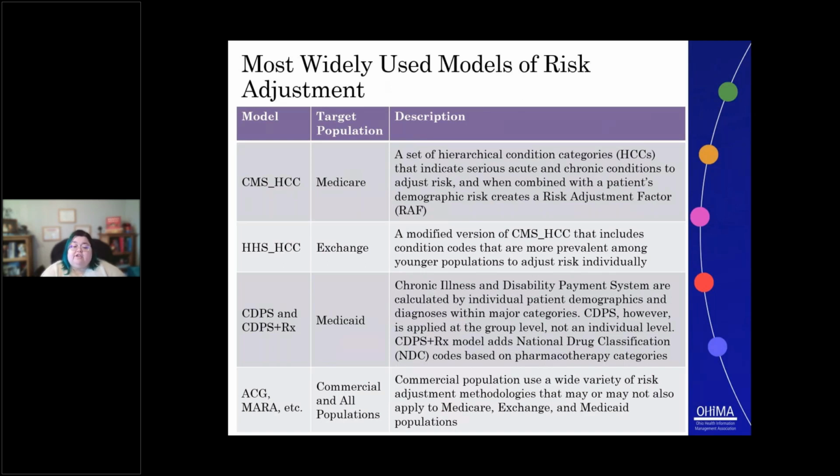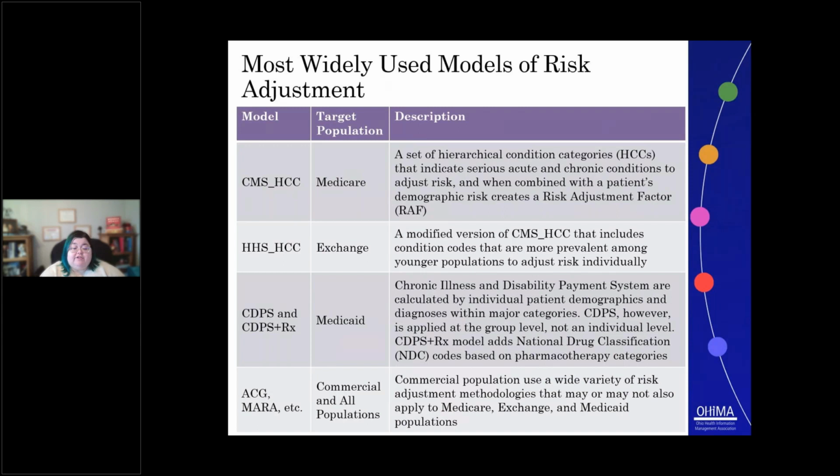It's similar to an HHS HCC model in that it includes weights for infant, pediatric, and obstetric conditions that are more common among a Medicaid population. And the CDPS plus RX methodology is the same medical methodology as CDPS alone. It simply adds pharmaceutical NDC codes and weights based upon the pharmaceutical category.